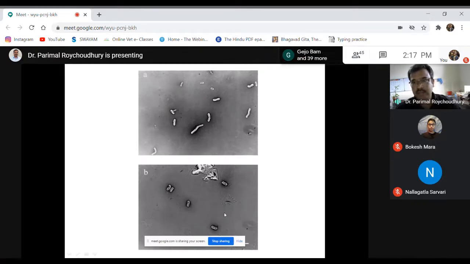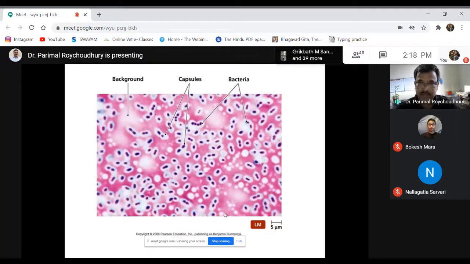So by producing negative contrast, we can demonstrate the presence of the capsule. Let's see one more. Yes, this is more clear. You can see all the bacteria are surrounded with an empty space, this white area. This indicates the capsule layer.